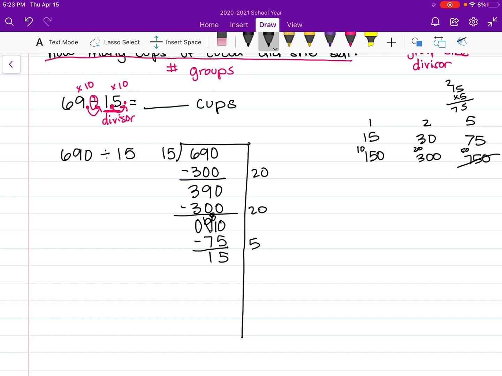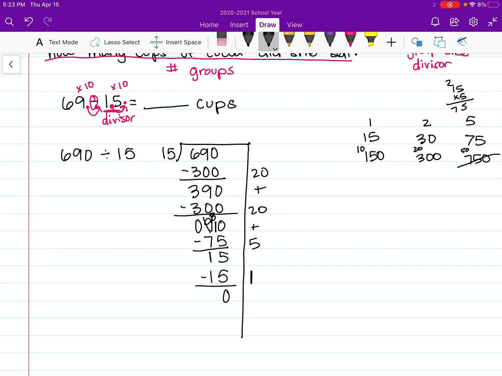All right, I have 15 left. I can see in my number bank that 1 group of 15 is 15. So I make sure to write my groups down on the right side of that partial quotients line. 15 minus 15 is 0. I have no remainder, so I don't need to worry about that.